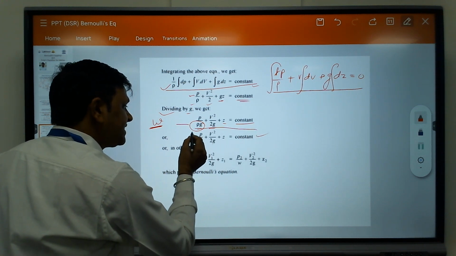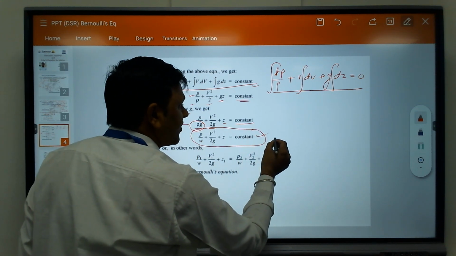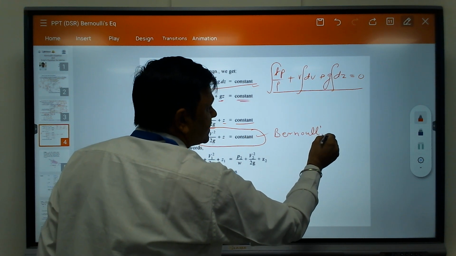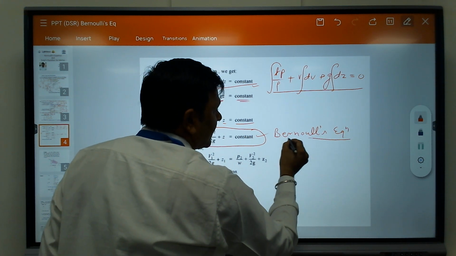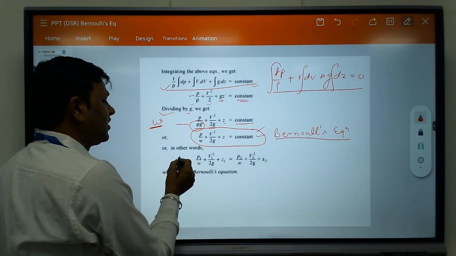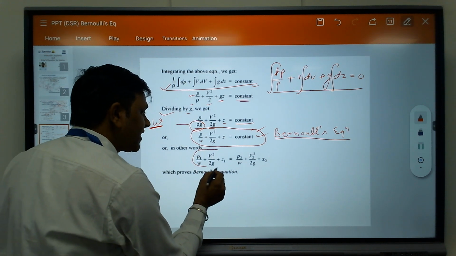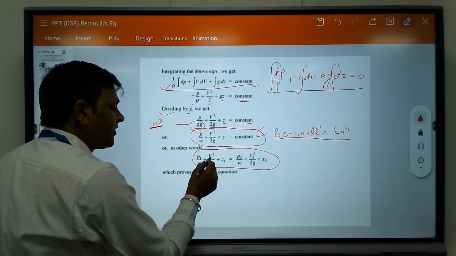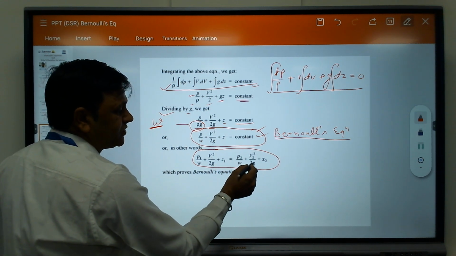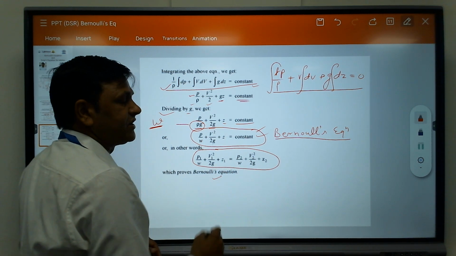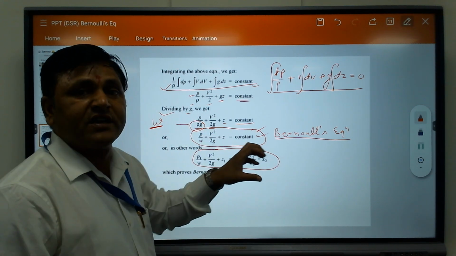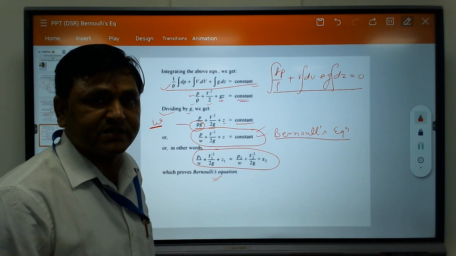Please remember, this is Bernoulli's equation. We can also write it for two sections: P1 upon w plus V1 square upon 2g plus Z1 is equal to P2 upon w plus V2 square upon 2g plus Z2. This is the Bernoulli equation derived from Euler's equation.